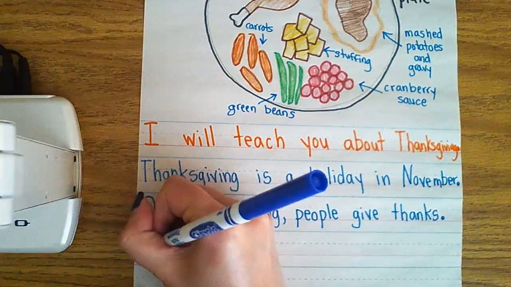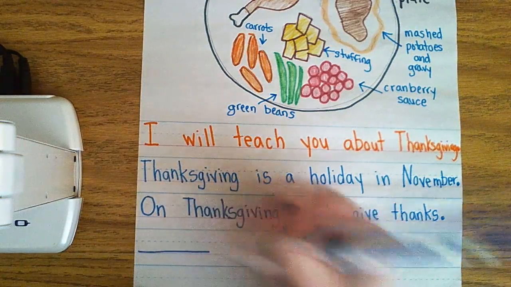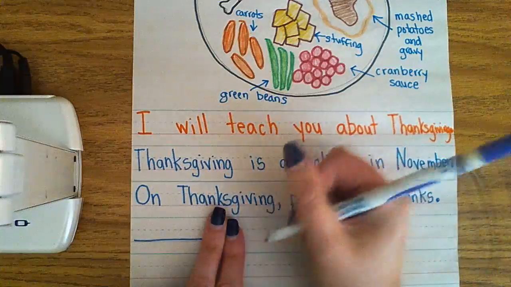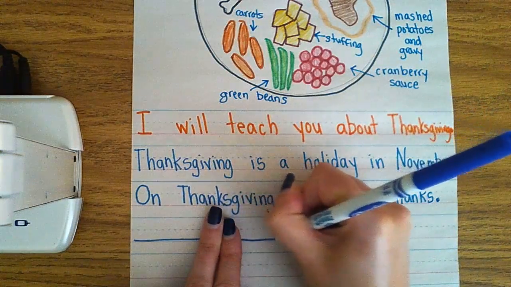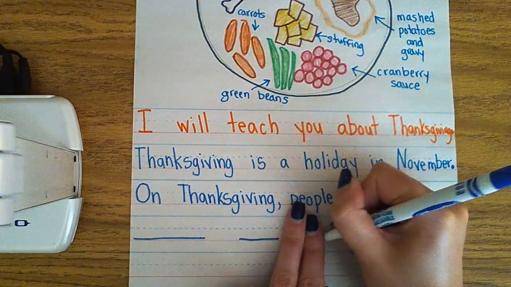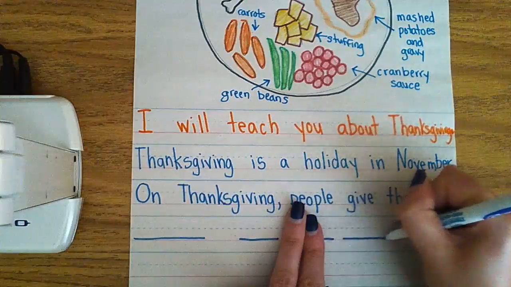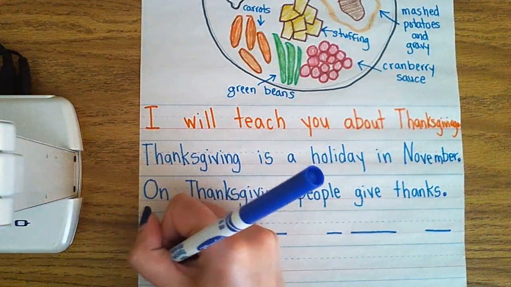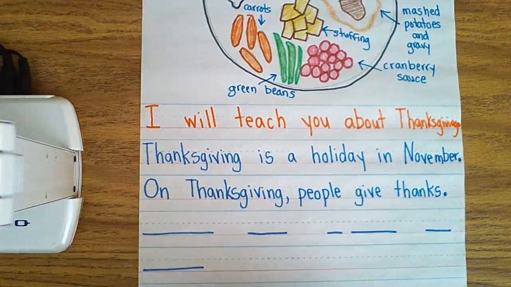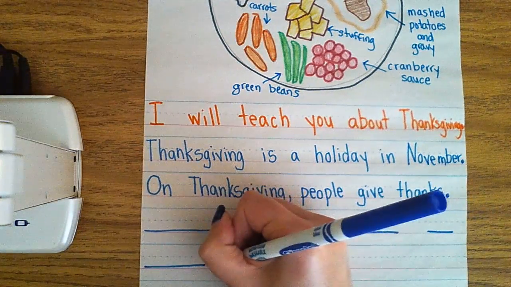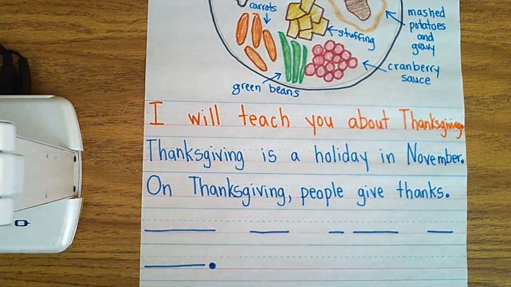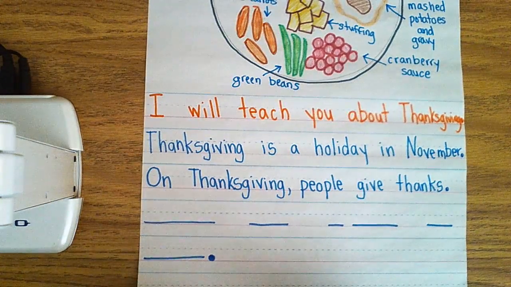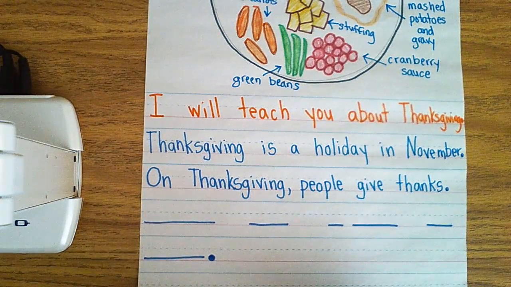People, and you can draw your lines if you need to. People, make sure you add your finger space, 1 or 2 fingers. Eat a lot of food. What goes at the end of my sentence, friends? A period. To tell my reader that is the end of my thought, they can stop and take a breath. So we're going to write people.